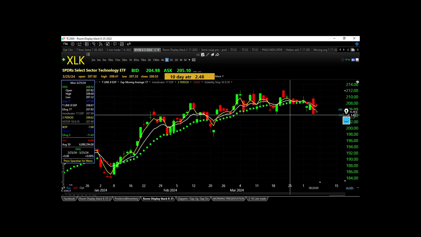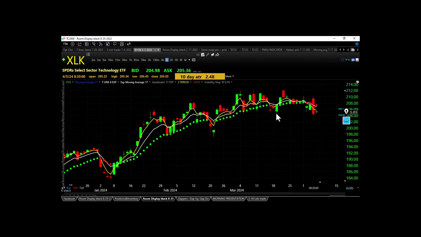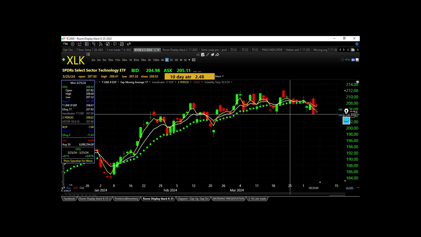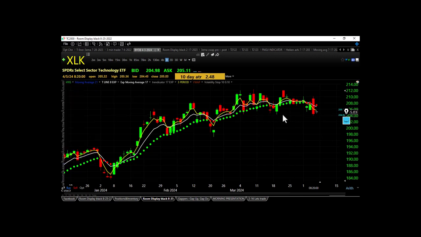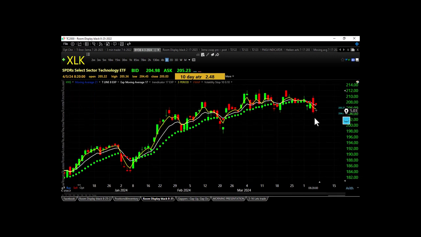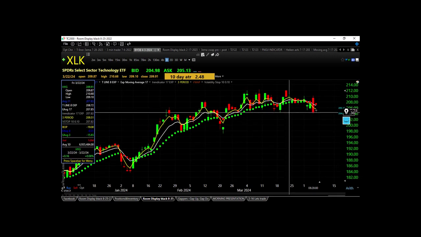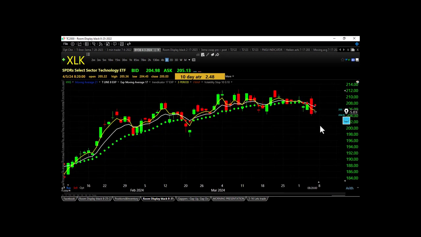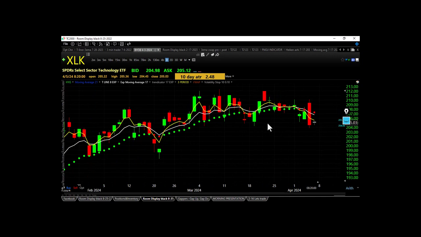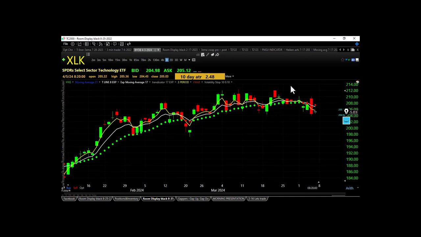Okay, let's take a look at XLK. Here's XLK. We did break that low. So XLK, this is technology, officially entered a downtrend right here, breaking this low. They didn't close candles down there, but price action did pierce this area. So XLK in a downtrend as of now.